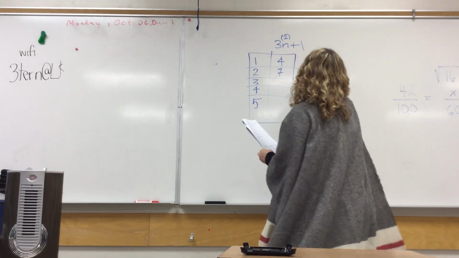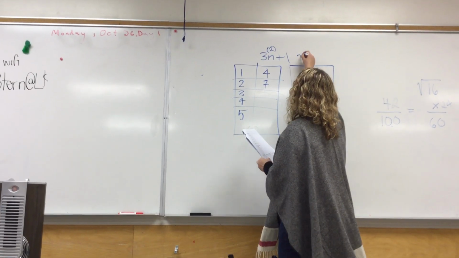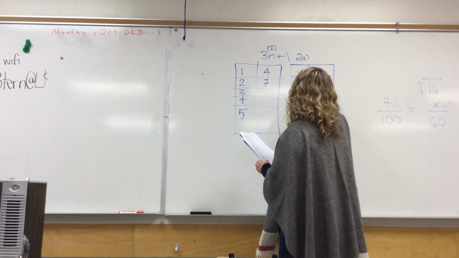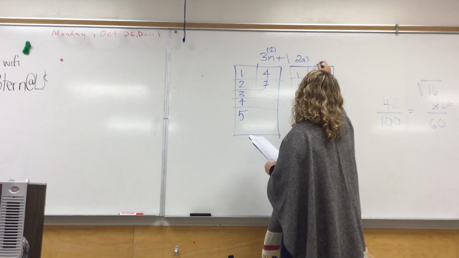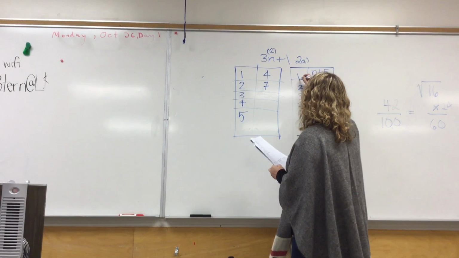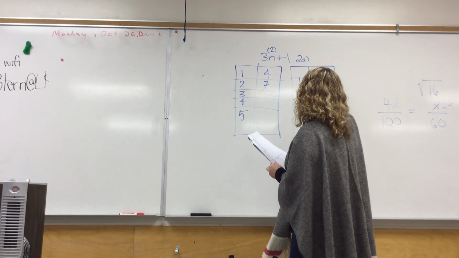Because if I have my chart, this is 2A. My input is 1, 2, 3, 4, 5. And my output is n plus 5. Well, what is n plus 5 for 1? 6. What's n plus 5 for 2?